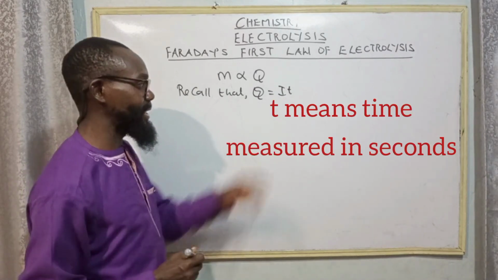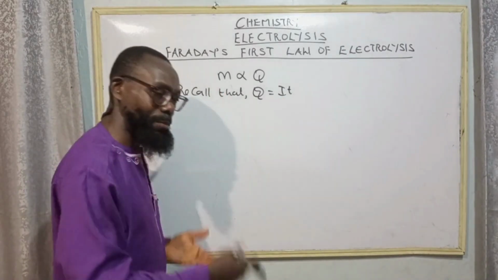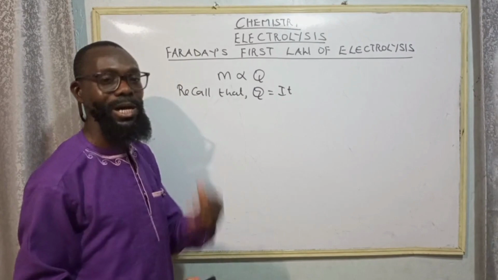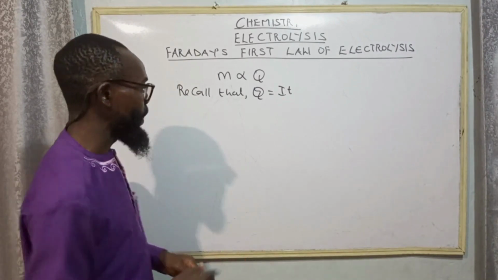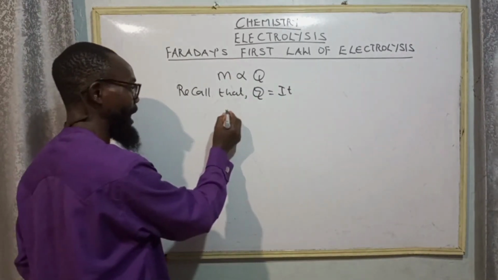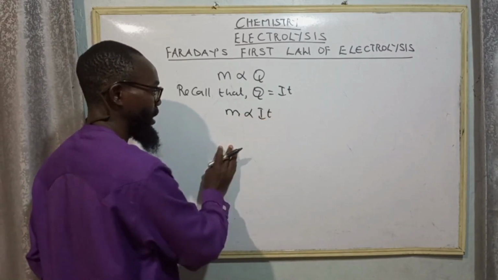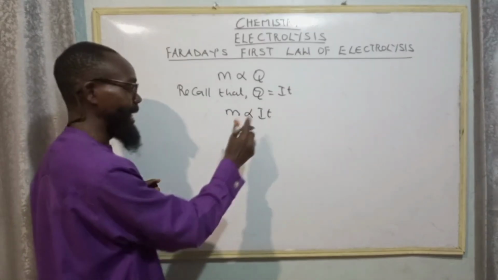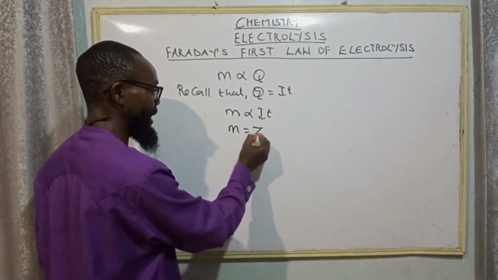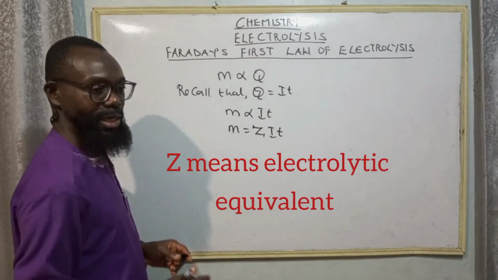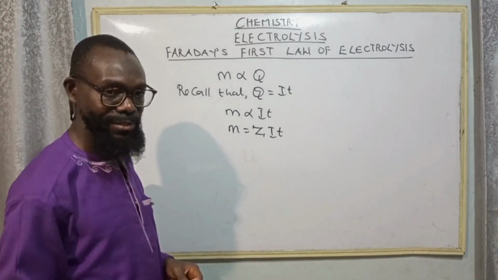So the current that is being passed through the electrolytes and the time taken for the mass of the element to be deposited. So when you input this, we have M is proportional to IT. Remove this proportionality, we put a constant. M is equal to ZIT, where this Z means electrolytic equivalence.